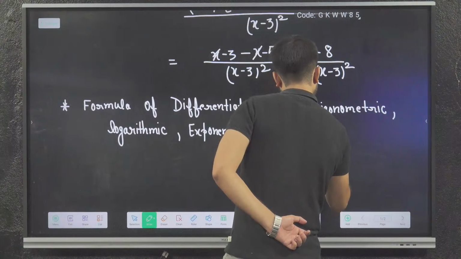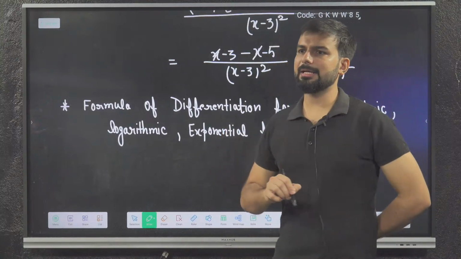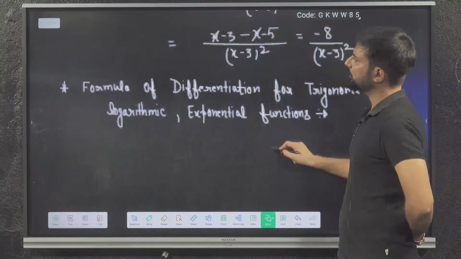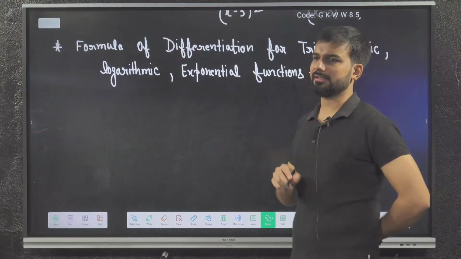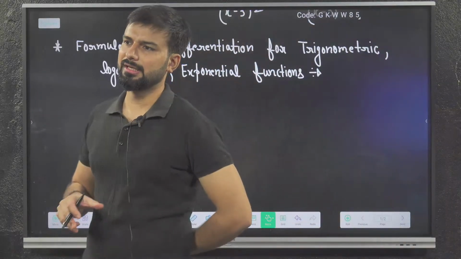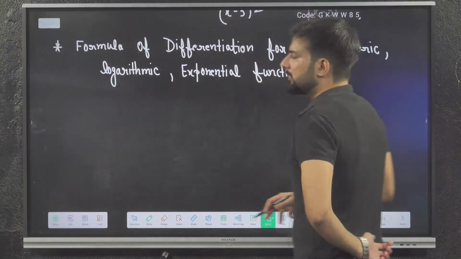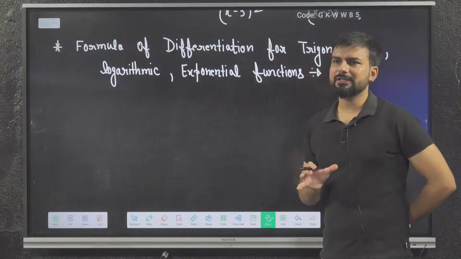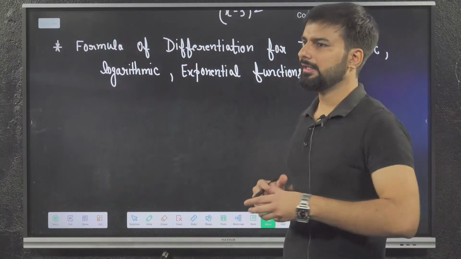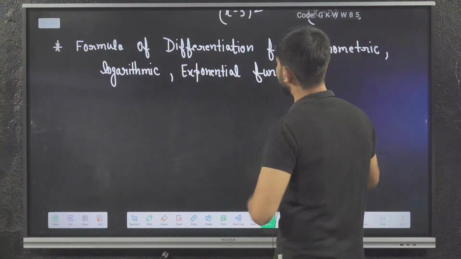So now beta we are having another type of functions. Up to your 10th class you have studied trigonometry, sine theta, cos theta, right? Those kinds of functions you have already studied in your trigonometry.